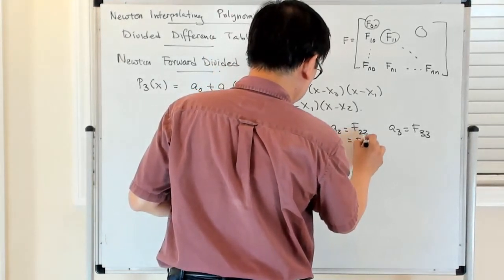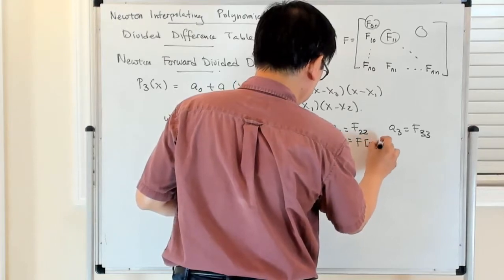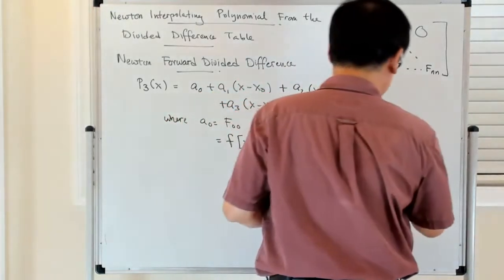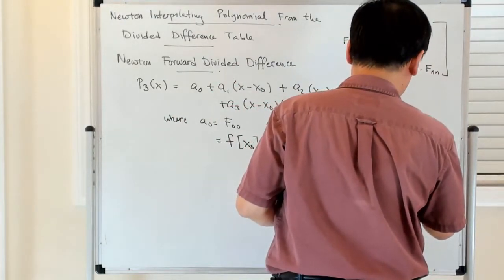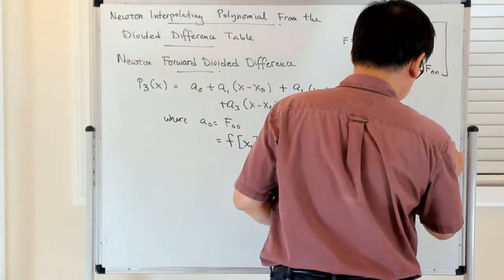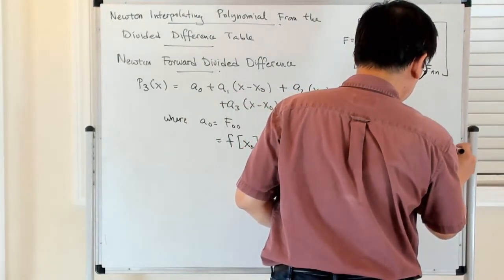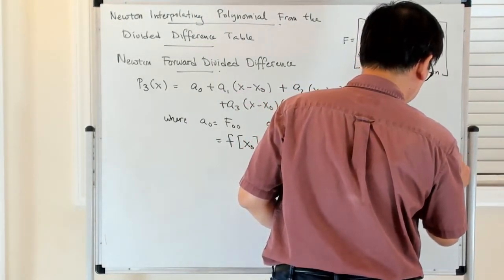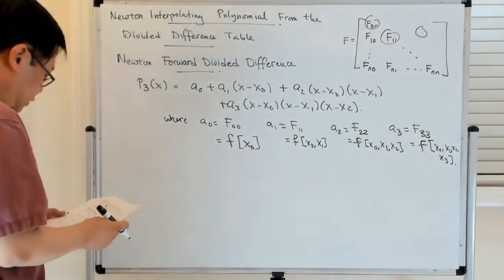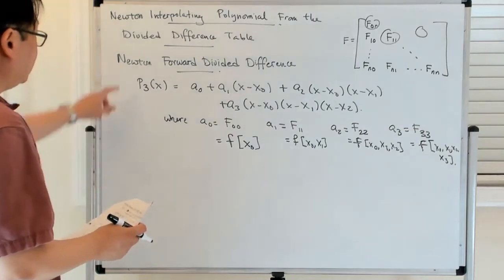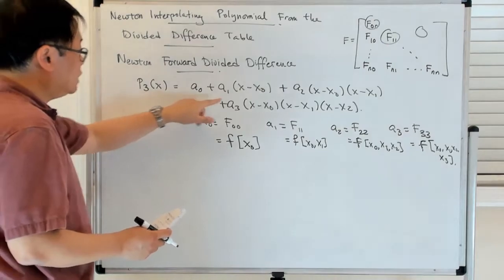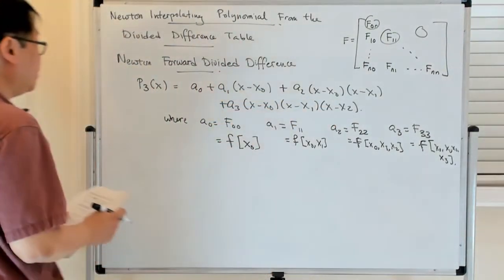This is f[x0, x1, x2], and this is f[x0, x1, x2, x3]. So that's one way to use the divided difference table to get a particular form of the Newton interpolating polynomial.